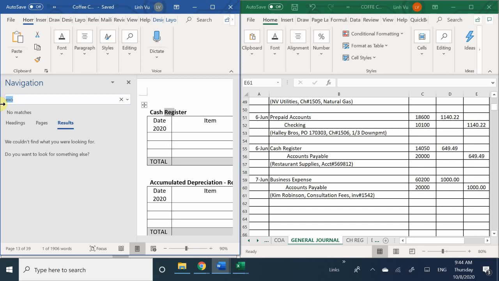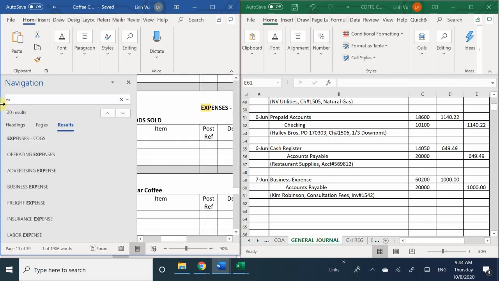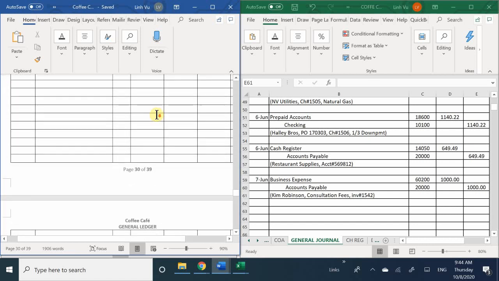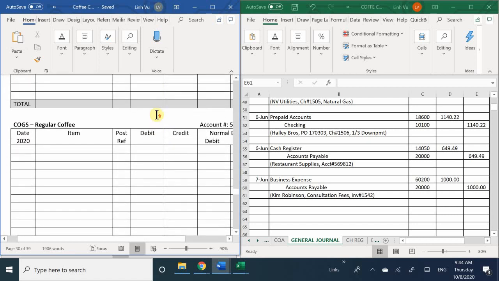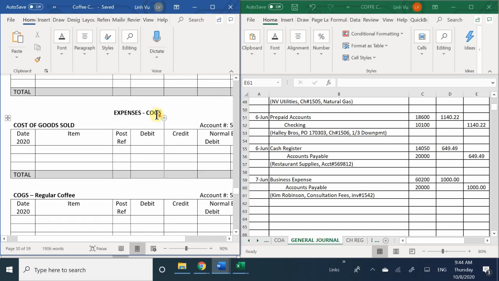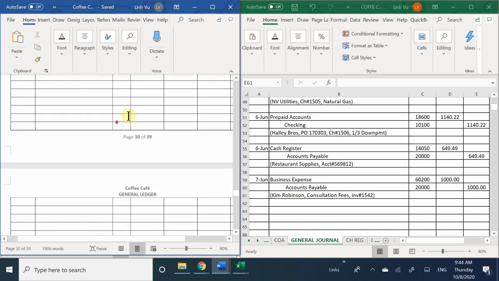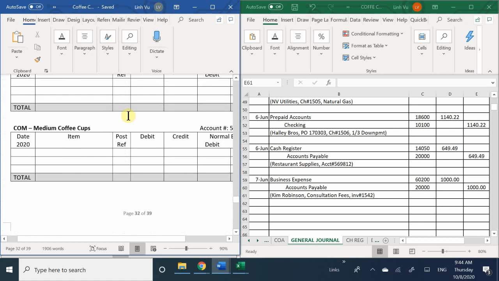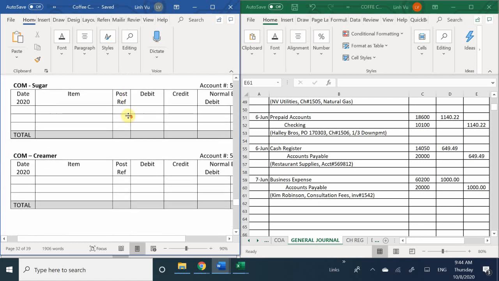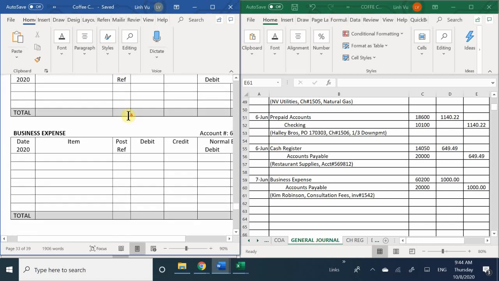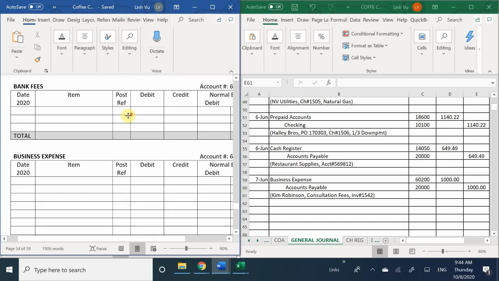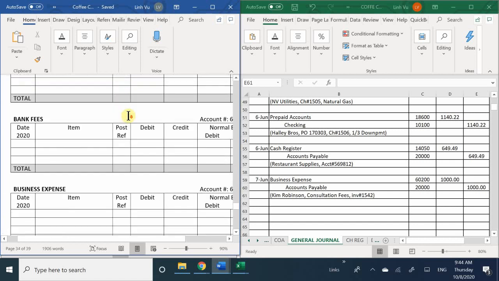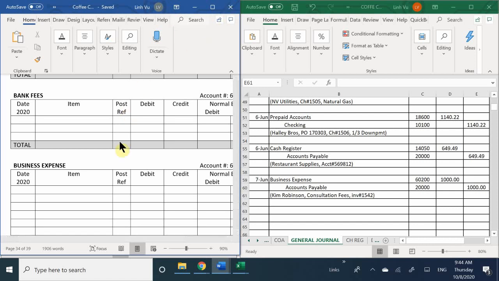So your expenses is going to be starting on page 30, business expense. Okay, hold on. Page 30 is your cost of goods sold. So your operating expenses is going to be on page 34. Okay, right here. Business expenses is going to be on page 34.